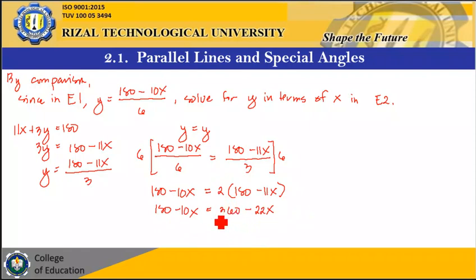Combining similar terms, I have 22x minus 10x is equal to 360 minus 180. So 12x is equal to 180, and therefore x is equal to 15.